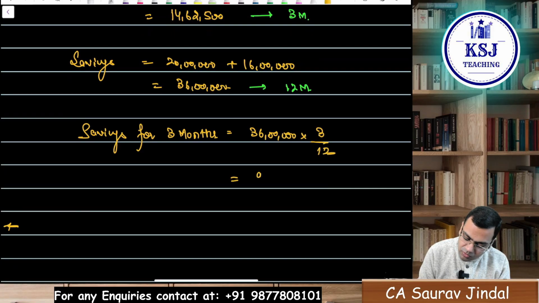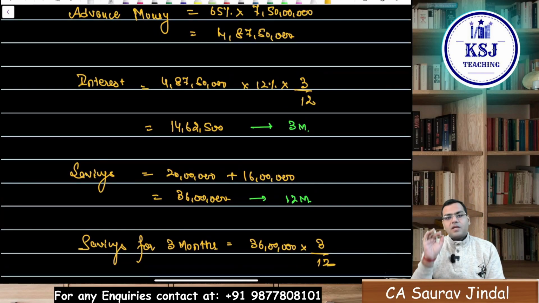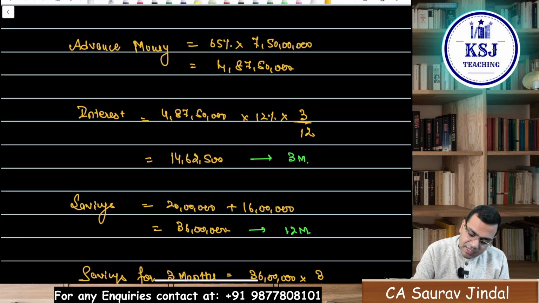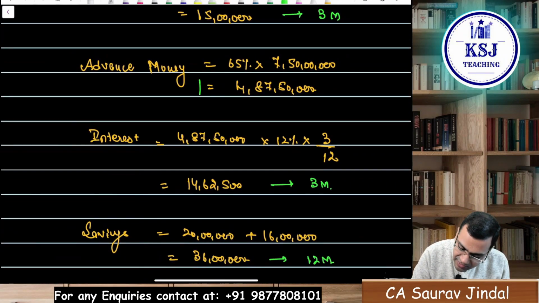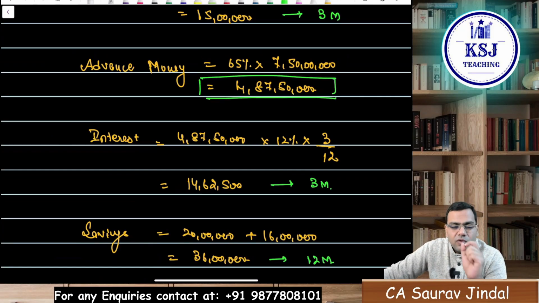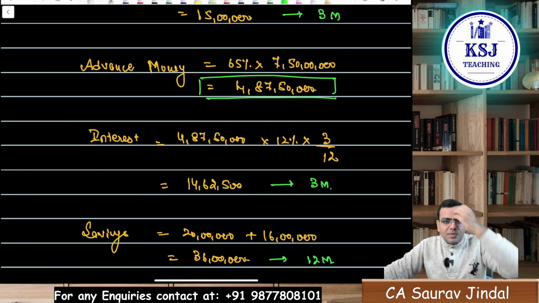So that comes to 9 lakh rupees. Now this is for 3 months. What is the purpose here now? Understand the purpose. The purpose is that to get this advance money of 4 crore 87 lakh 50,000, this is a benefit to the businessman, right?